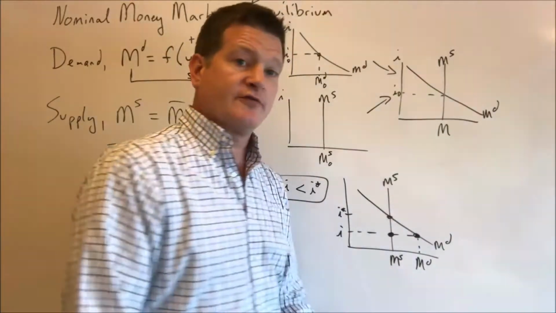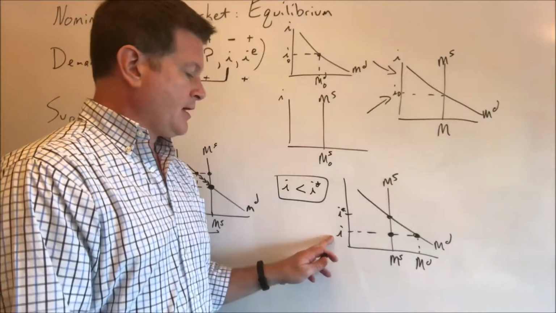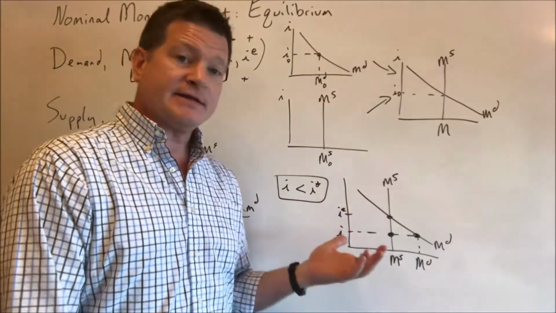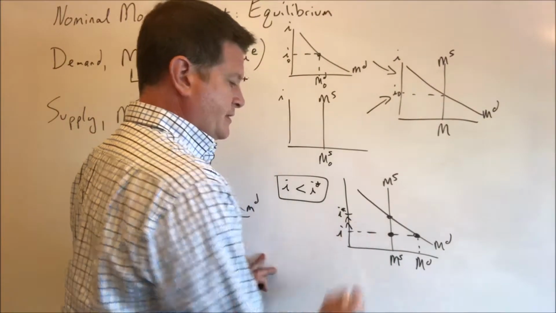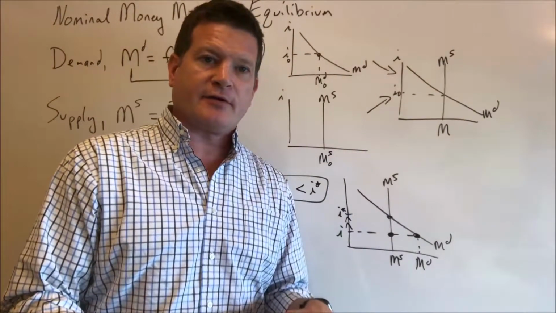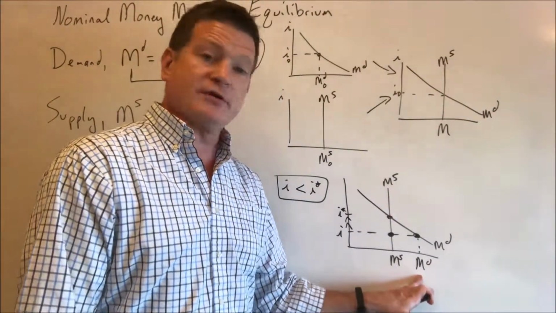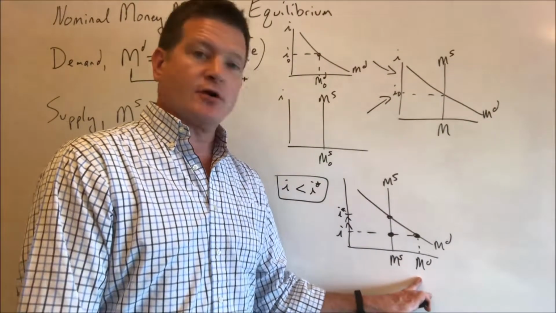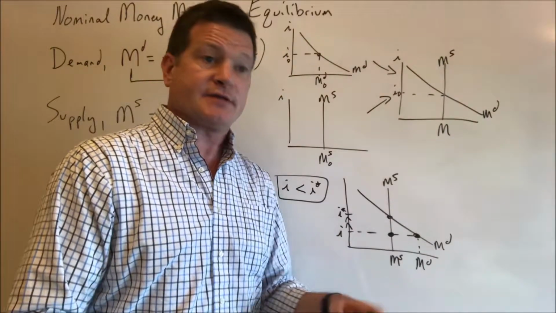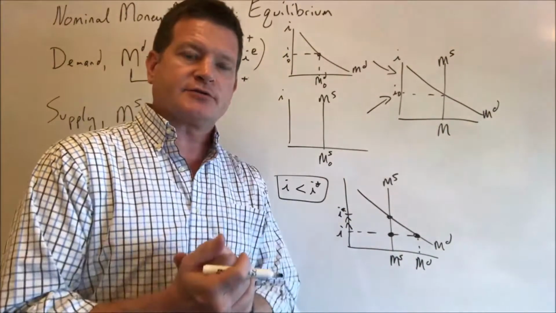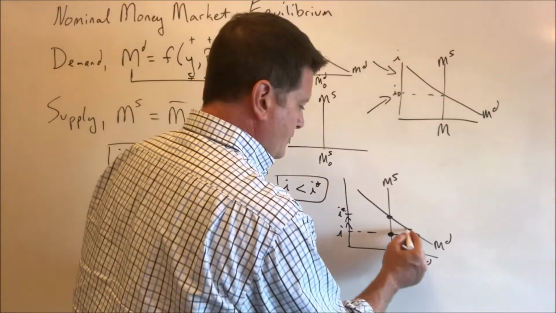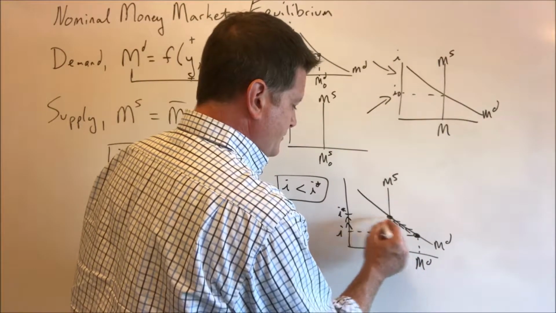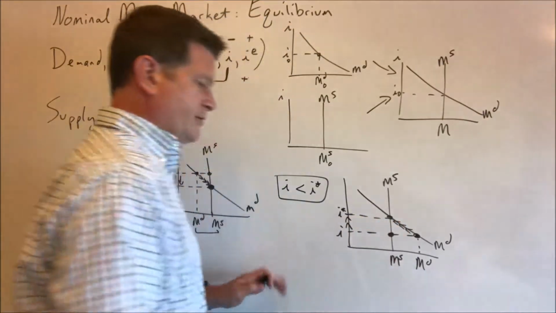There's a shortage of money on the market, and banks now have to start also offering higher interest rates to get people to leave their deposits with them. Everybody wants cash to be spent. So everyone's pulling their money out of their banks, and the banks panic and start raising the interest rates, trying to get people to leave their deposits in there. As that rises, it pulls everything back to this equilibrium interest rate.